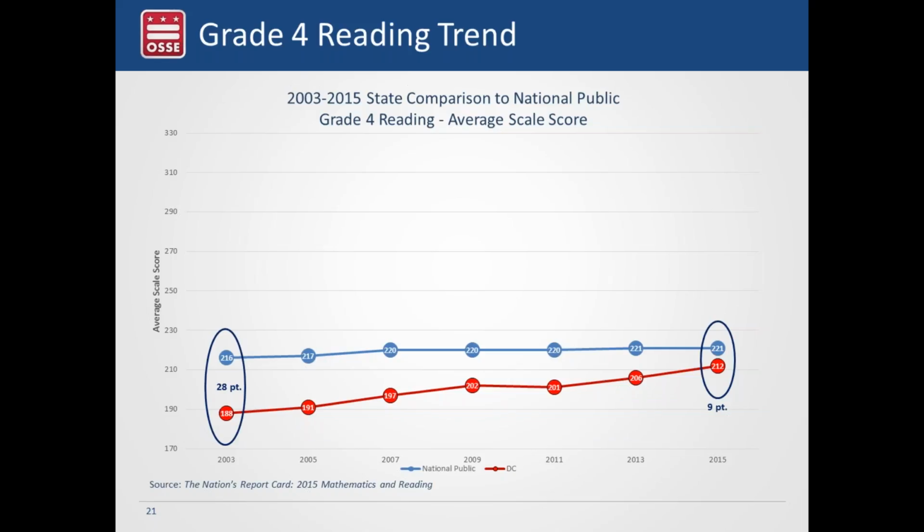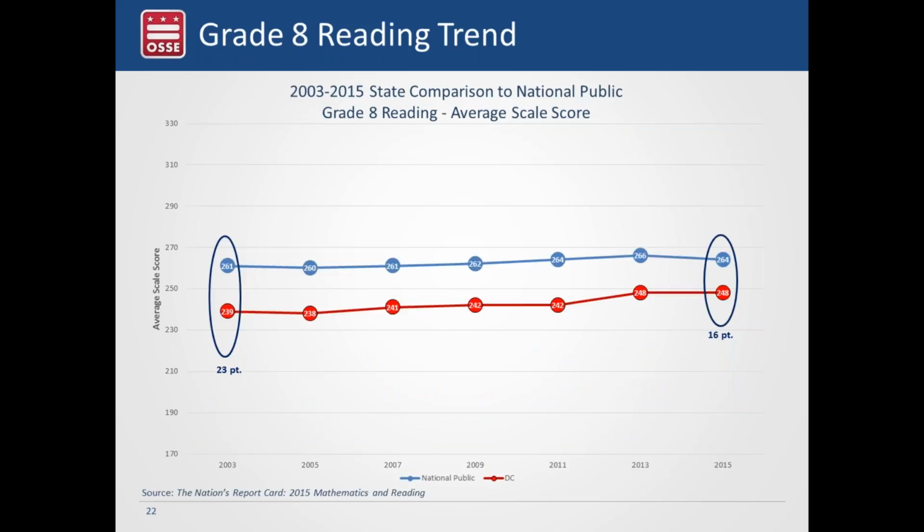The grade 4 reading gap was 28 points in 2003, and it is now 9 points as of the past administration. Finally, the grade 8 reading gap was 23 points, and has closed to within 16 points.